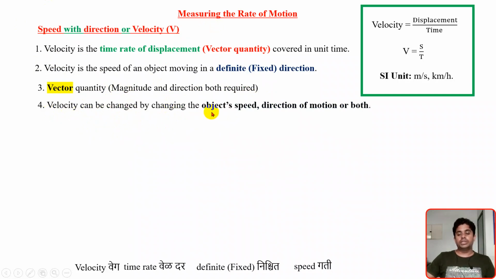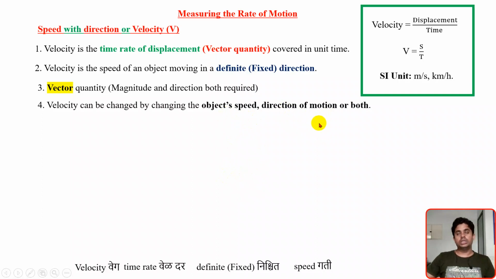Velocity can be changed by changing the object speed, the direction of motion, or both. Now suppose a certain object is moving with some velocity and I want to bring a change into the velocity. What are the possible ways? First way is to change the object speed. Second option is to change the direction of motion of that object.